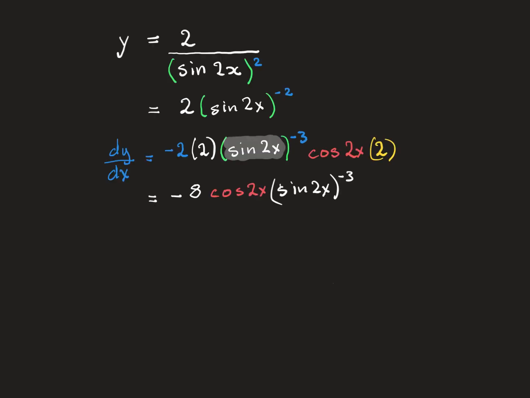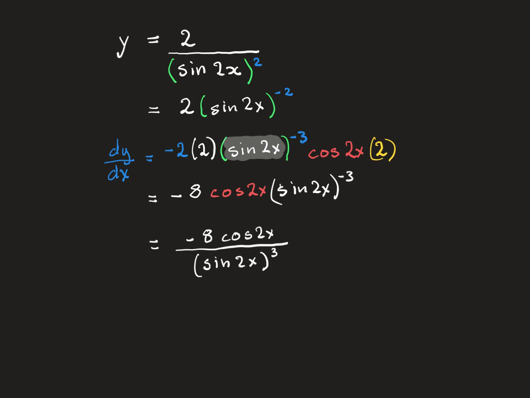And because we are mathematicians and we need to write this properly, we do not like to leave a negative exponent in the numerator or anywhere, so we will change it into the denominator. And this will become minus 8 cos 2x, and underneath that we can write sine 2x to the 3.